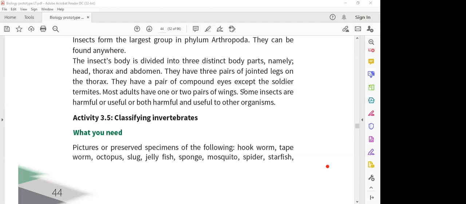Now, about this one, what is this one? Just a little butterfly.